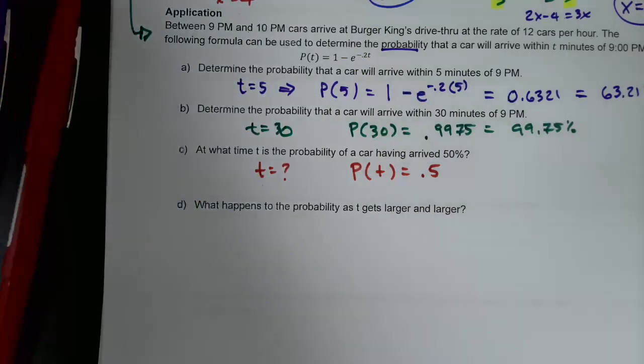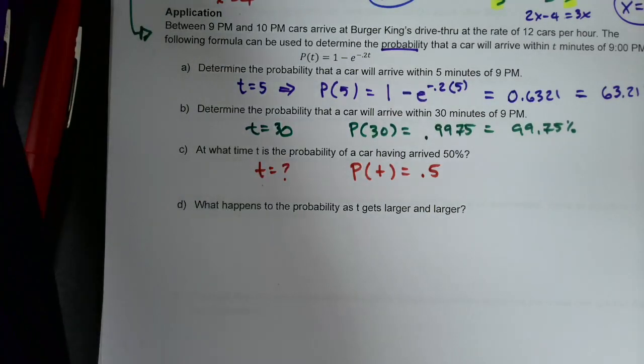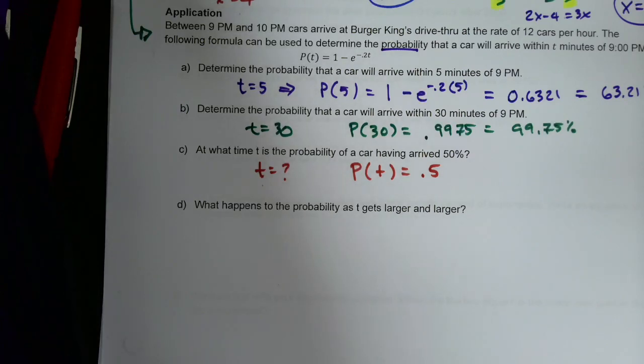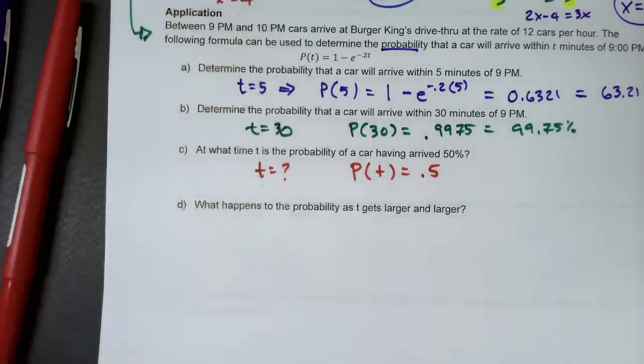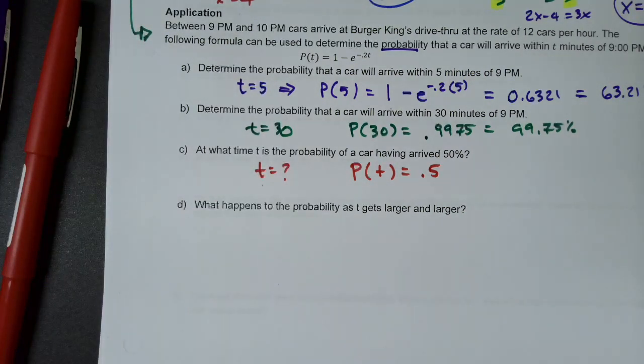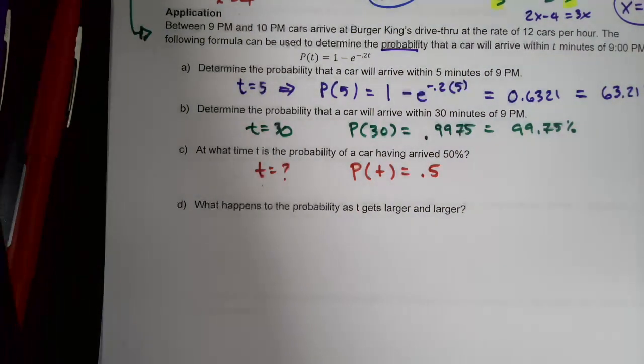And remember how we solve these types of problems? We go into our y equals and go down to y2 and put in 0.5. Then we're going to go up to second calc, and we're looking for the intersection of those, option number 5. I have the blue graph, that's our y1, reflected up here in the left corner.